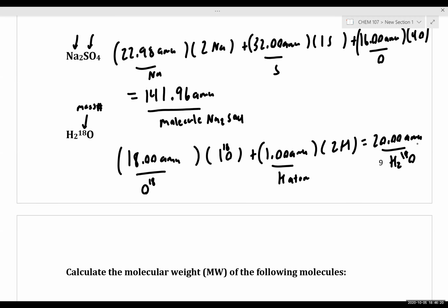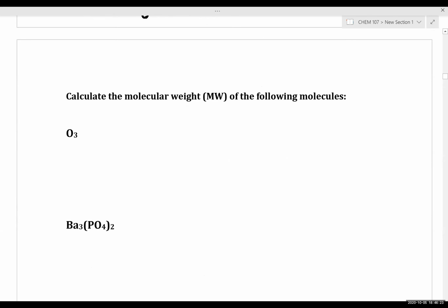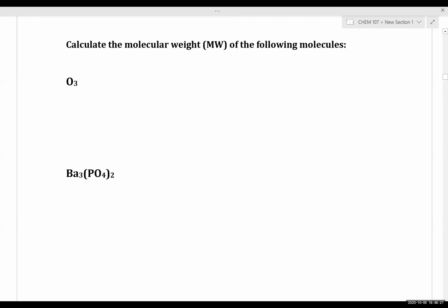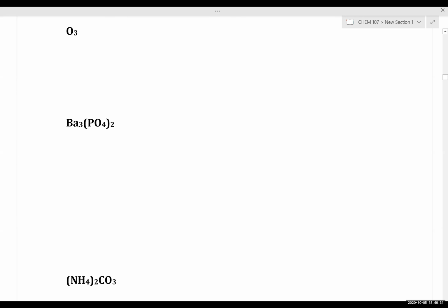Okay, so let's try to apply what we've learned, and this will be the last example set for today. I'd like you to calculate the molecular weight of the following 3 molecules. So let's spend about 4 minutes on this example, and I'd like to see molar mass calculations for each of these molecules, and then we'll discuss momentarily.